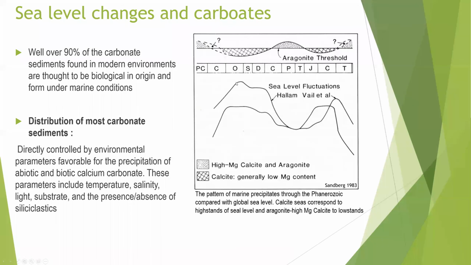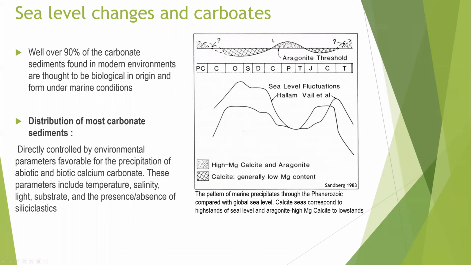For some period of time when the sea level goes up or reaches the highstand, we have high production of the carbonate factories, or low Mg calcite. When sea level goes down, we also have carbonate factories, but when sea level goes up and reaches the highstand, we have low Mg calcite.